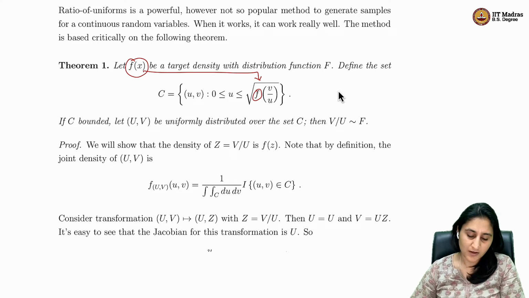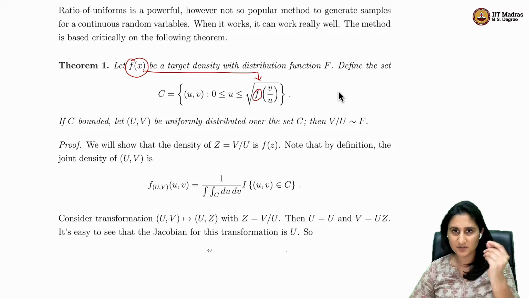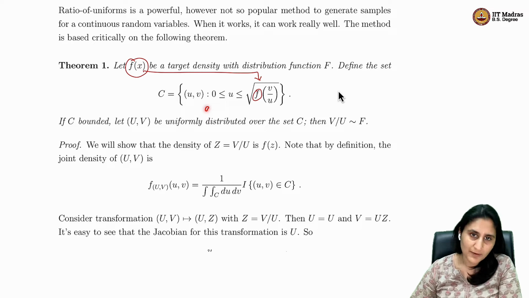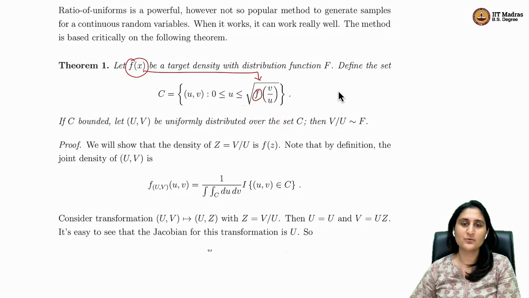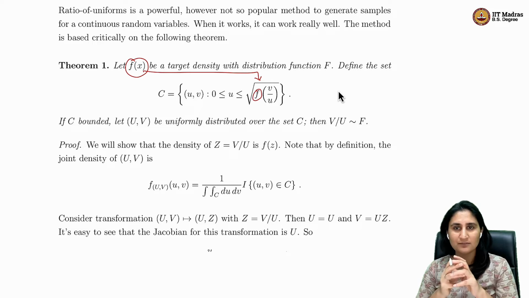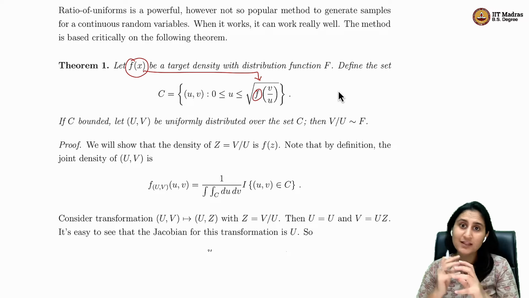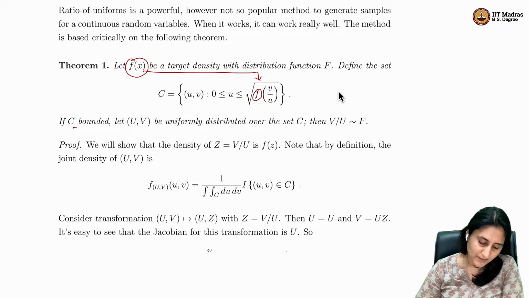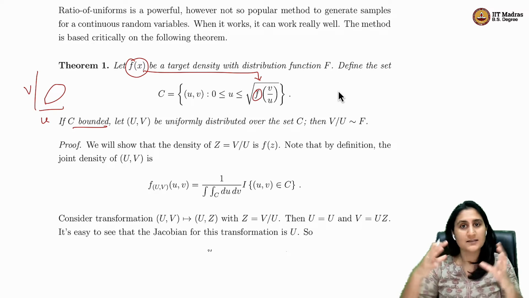Again, we have a target density and the target distribution, and the target density is used to define a set C, where C is this tuple u and v, such that the first element of this tuple is bounded below by 0 and bounded above by the square root of f of v by u. And we want to look at all such possible tuples u and v and create a set C from it. If that set C is a bounded set, implying that on the u and v plane it looks, let's say, something like this, it's bounded.